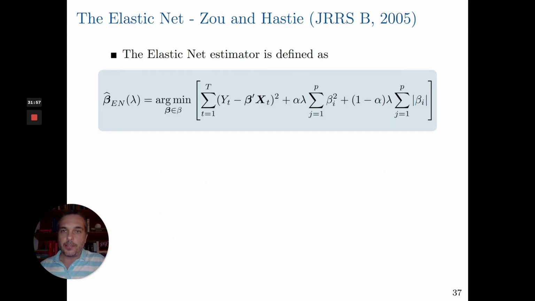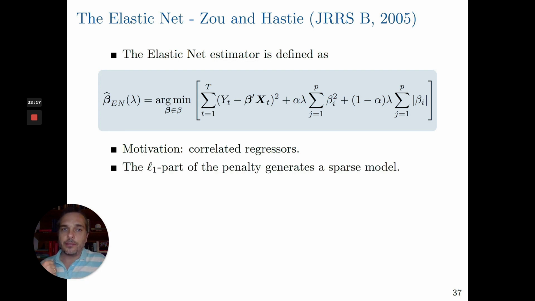So that's exactly what I said. Another solution is what's called the elastic net, where you combine the ridge penalty with the Lasso penalty. And there is an alpha term that weights between the two penalties. Okay? Again, the motivation is correlated regressors. Okay?